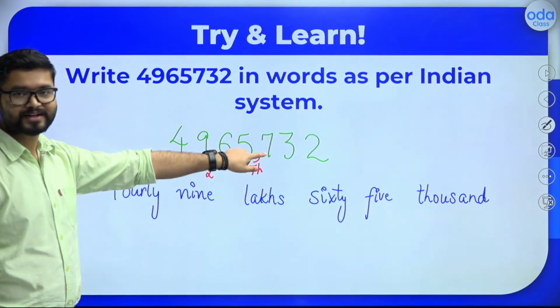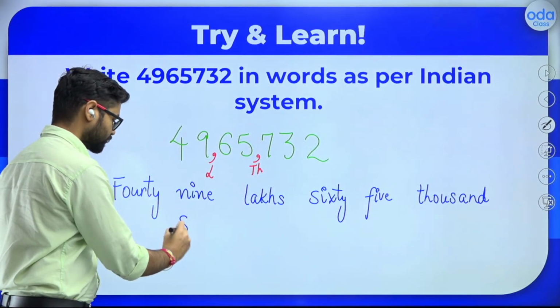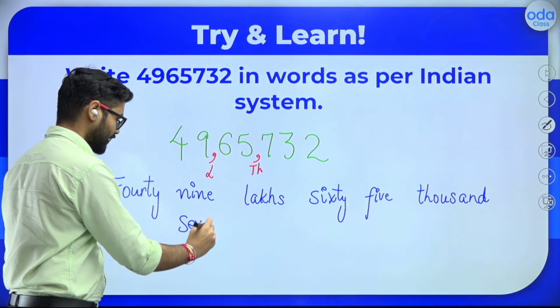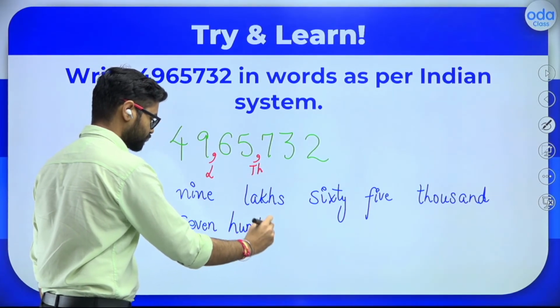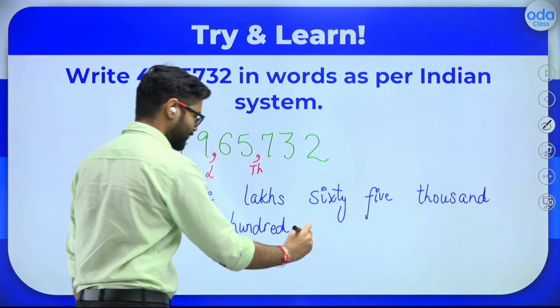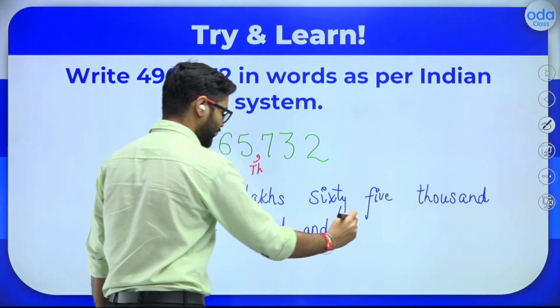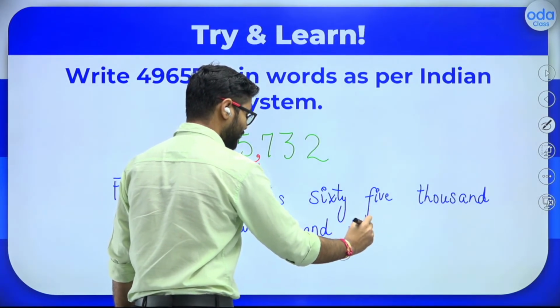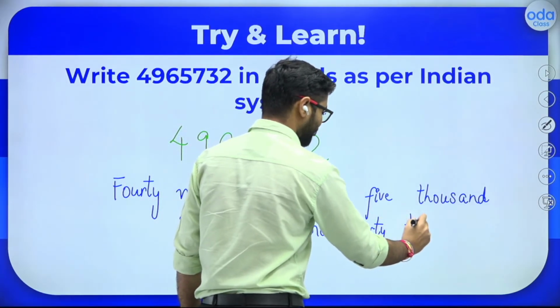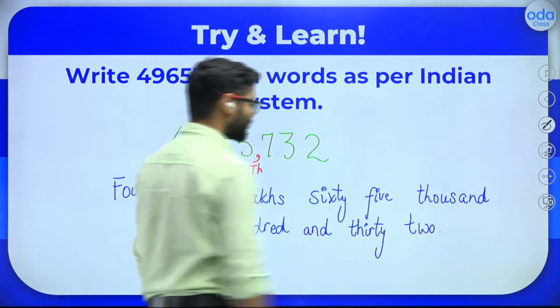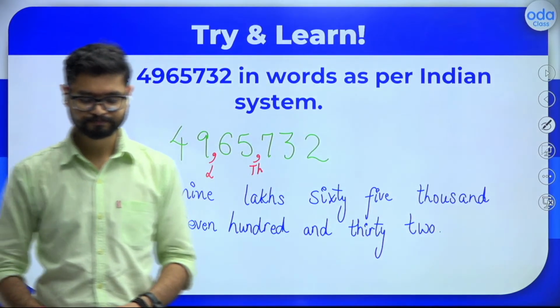And then we have 732. That is how we can write, but only if we place the commas at the right place. Only then it will be possible for us.